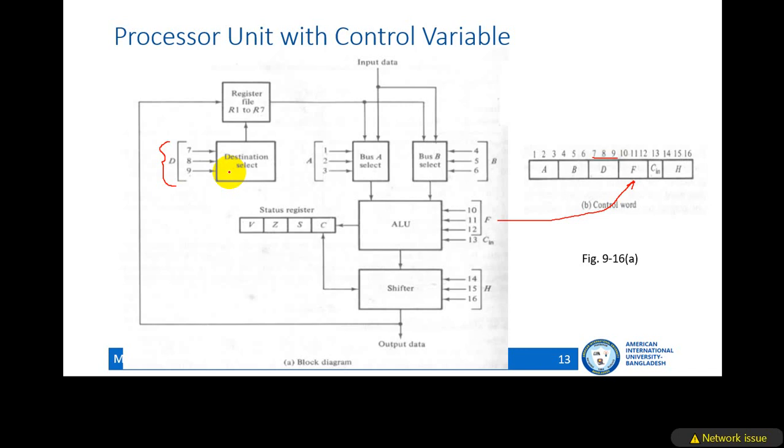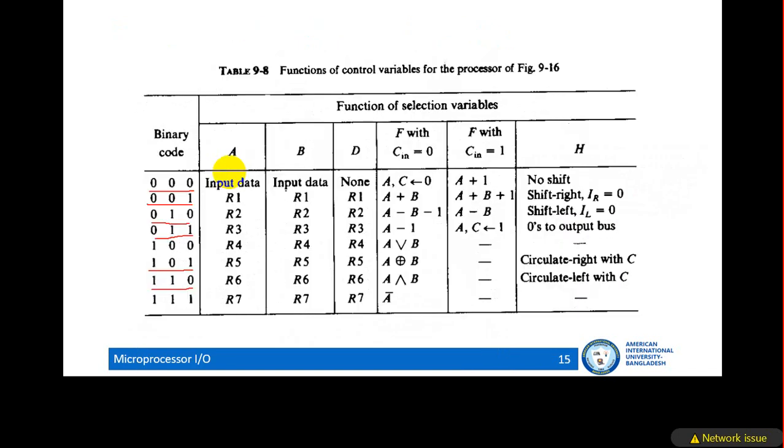So what you need to do is know how to write this control word. When you write a program, basically you instruct the CPU to generate the control word for you. So how does your CPU do it? We'll see with some examples.